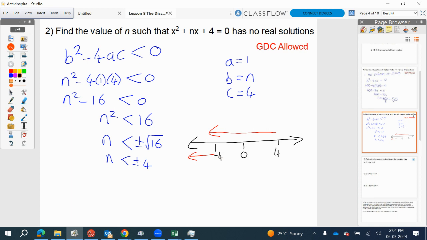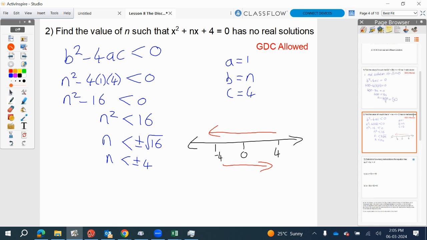The minus 4 is irrelevant because if n is less than 4, it's got to be less than minus 4. Something's not right there. So what happens when we do this is it turns this one in on itself. It says it's got to be also greater than minus 4. So less than 4, but greater than minus 4.